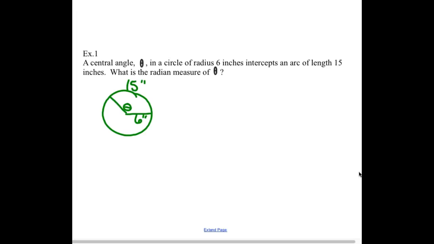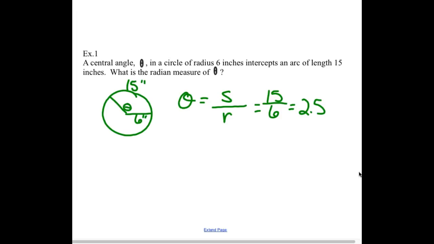Yes? Okay. So theta is found by taking the arc length divided by the radius. So 15 divided by 6 gets us what? 2 point what? So does that make sense if you're visualizing, here's 1 radian, here's a 2nd radian, here's a 3rd radian? 3 radians would mean an arc of 18, right? 3 sixes.